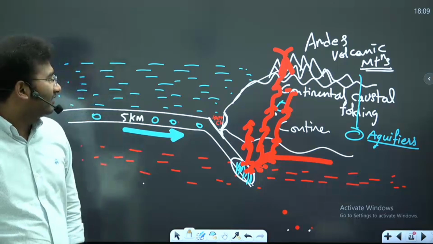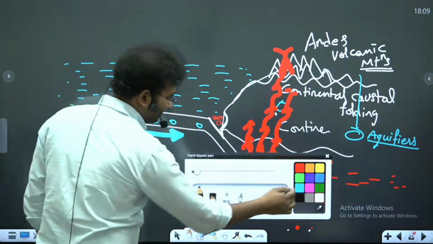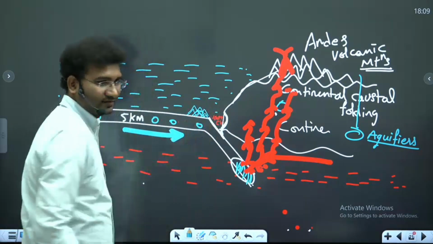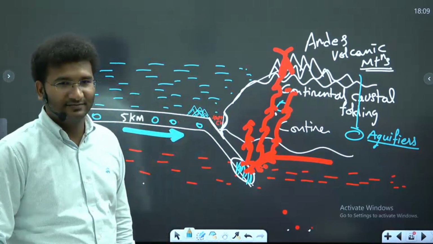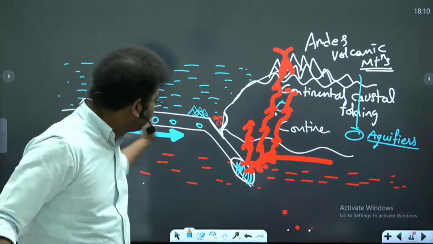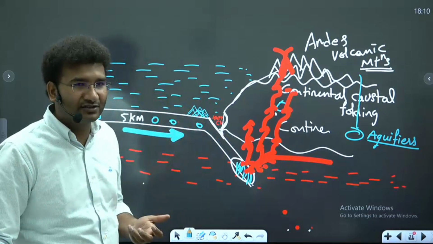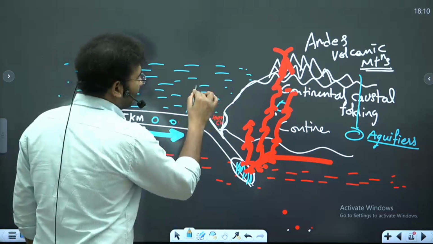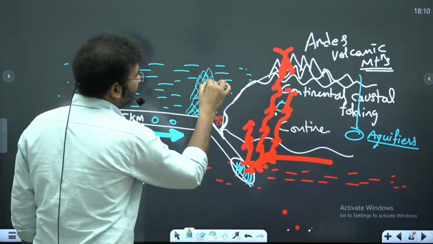And one more thing, here what happens is that some material will also get accumulated here. Why? Yes, there is pressure being experienced here, and some soft material from the ocean is getting deposited on this part of the area, and sometimes it rises above the surface of the earth.